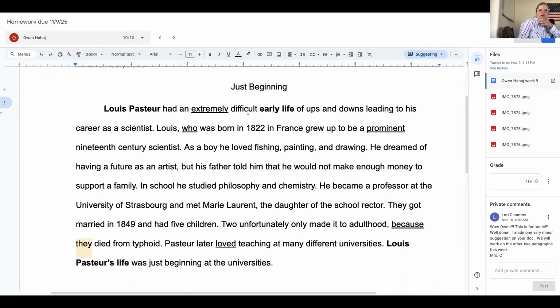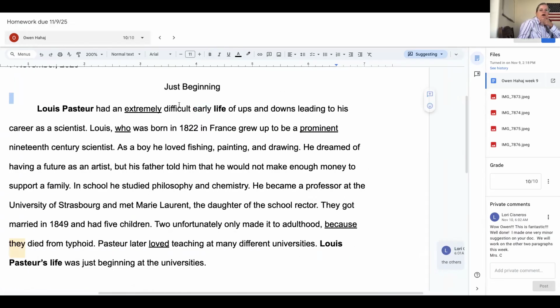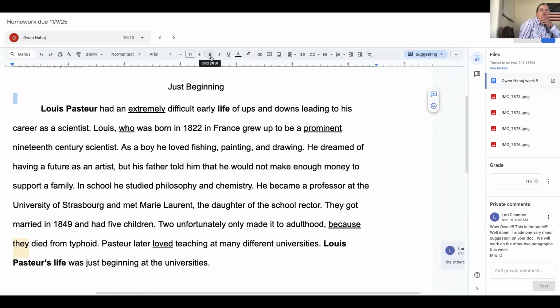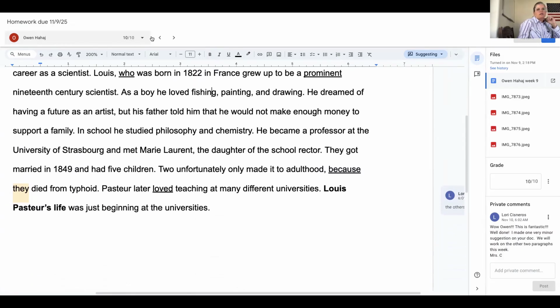So I'm just going to unbold early. But other than that, you got it. So it's the B. Like if you highlight a word, did you see how I use that B right there? That's bold. That'll change it. And you'll change your title, Owen, when you're done with your 2 paragraphs. So it's fine to have that for now, but you can change it later.